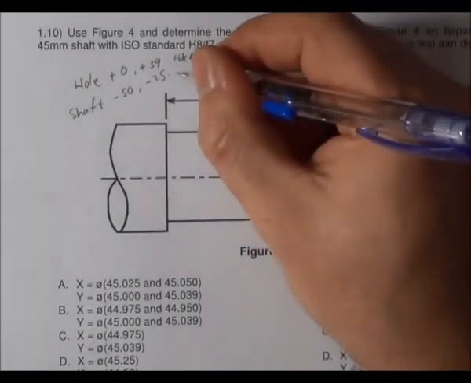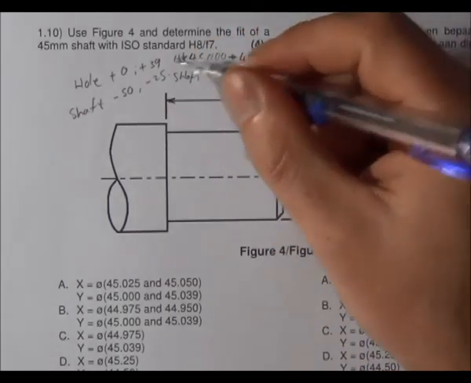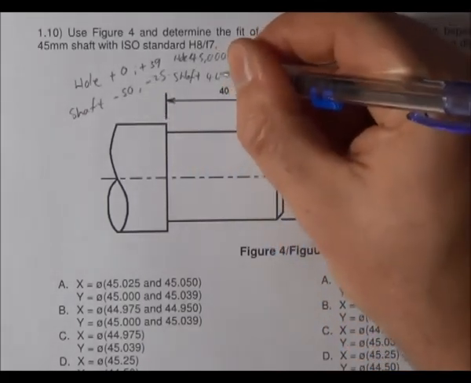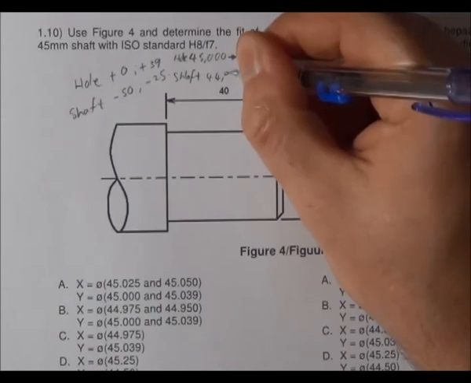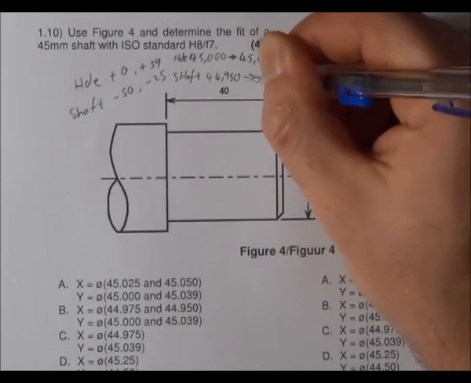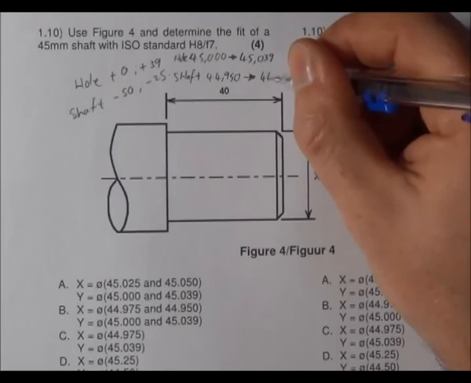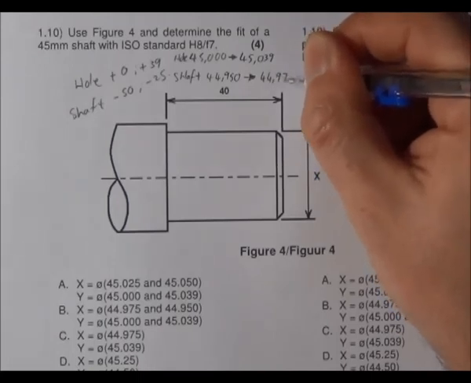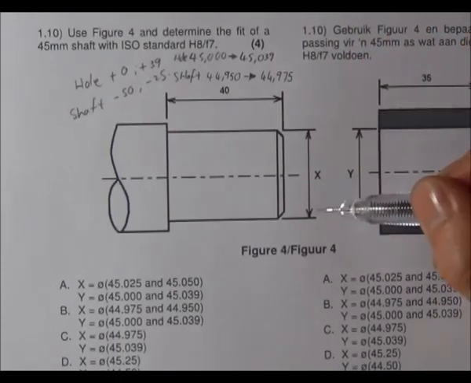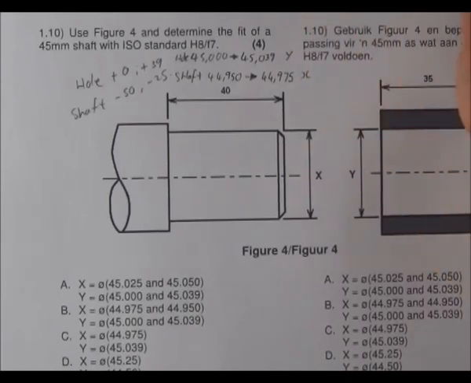And for the shaft, it is 45, and then we add this, which is a minus 50, so 44.950, and it can vary up to 44.975. So the shaft in this case is X and the hole is Y.